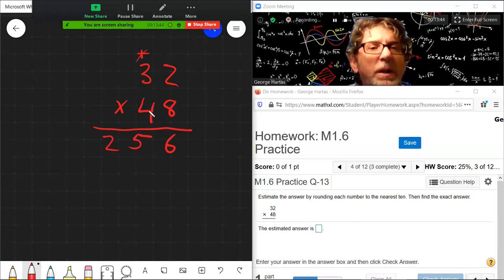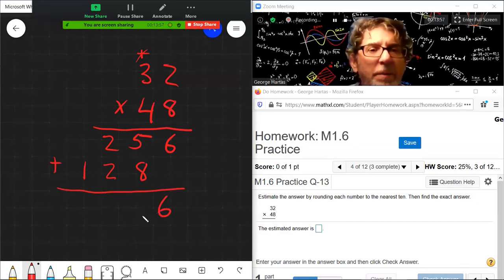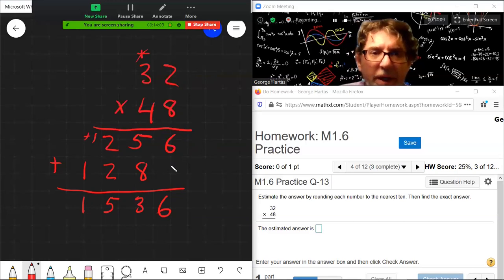Cross that out. 4 times 2 is 8. 4 times 3 is 12. Let's add these up. 5 plus 8 is 13. 5, 1. Okay, so we'll keep this in the back of our mind here, 1536, because they want the estimated answer first.